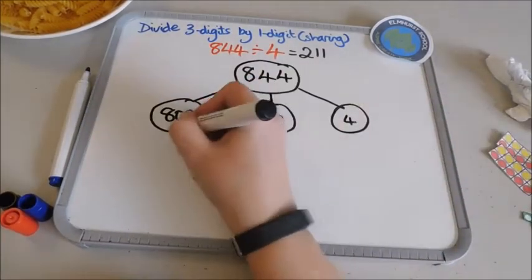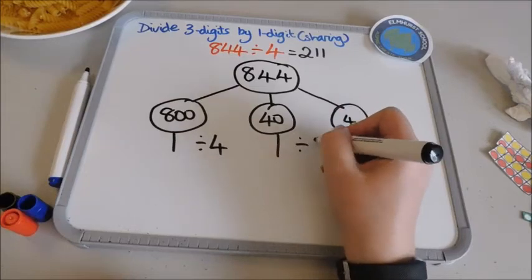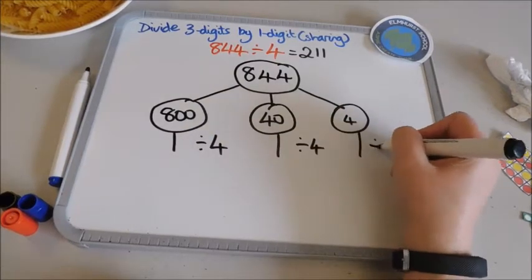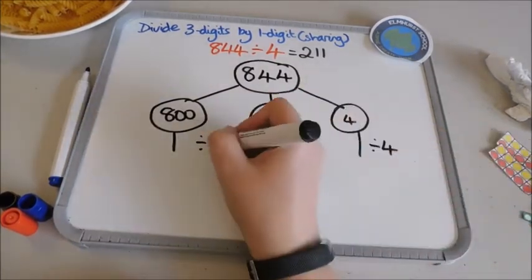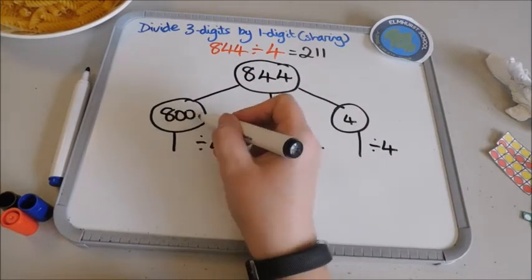I know that that is fine because my 4 times table knowledge tells me that 4 goes into 8, so it'll go into 800.